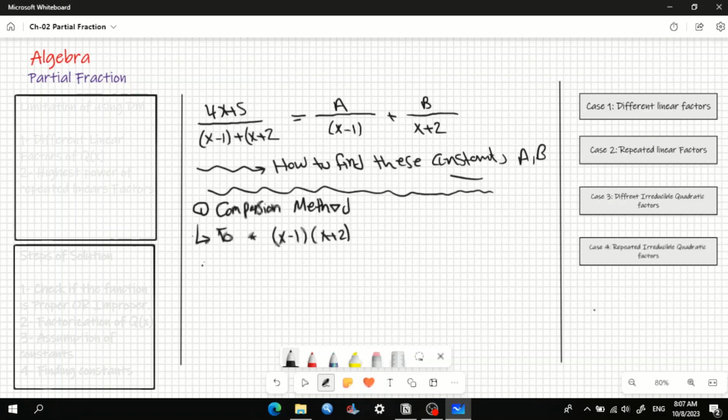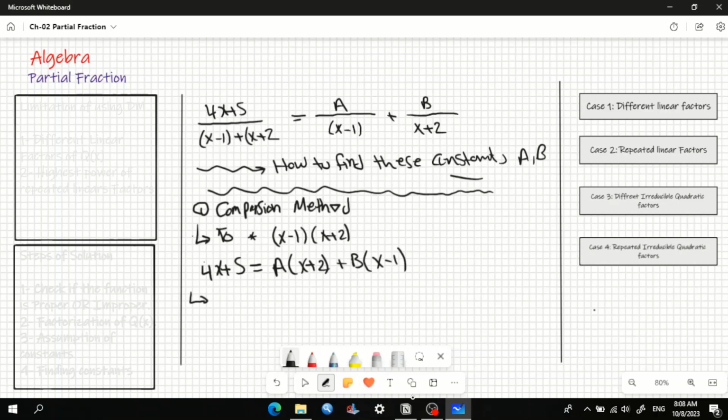So here 4x plus 5 equals a times x plus 2 plus b times x minus 1. Here I will start to compare from the highest power of x on both sides. The highest power is x to the power 1.